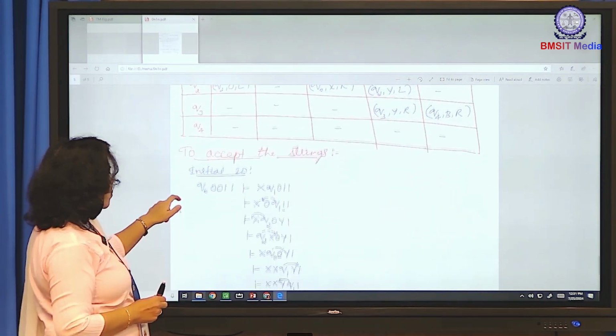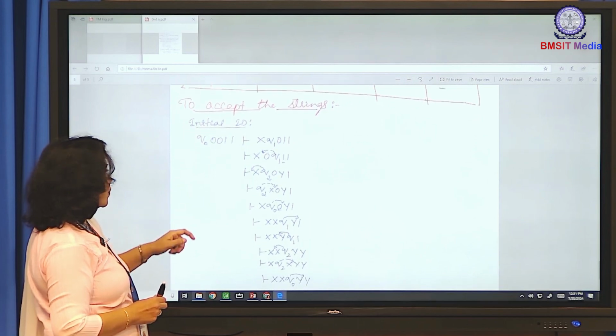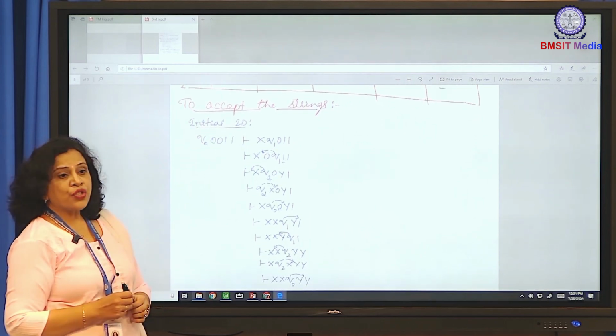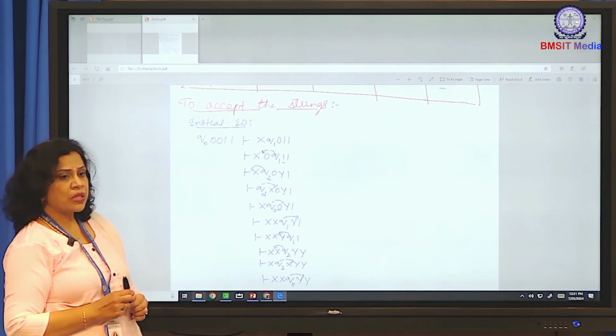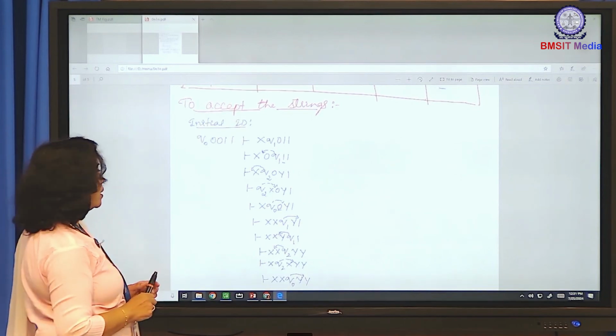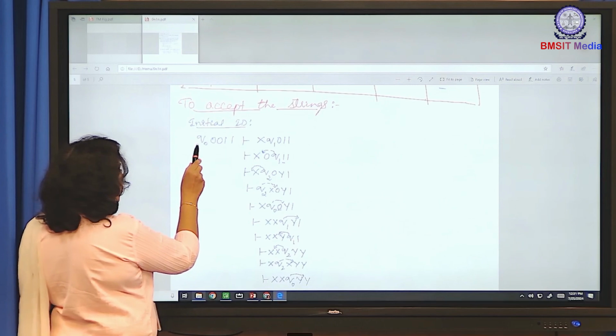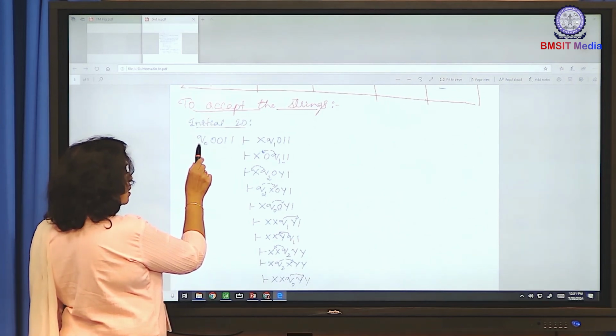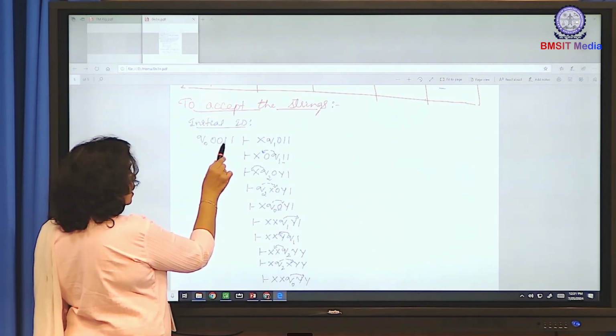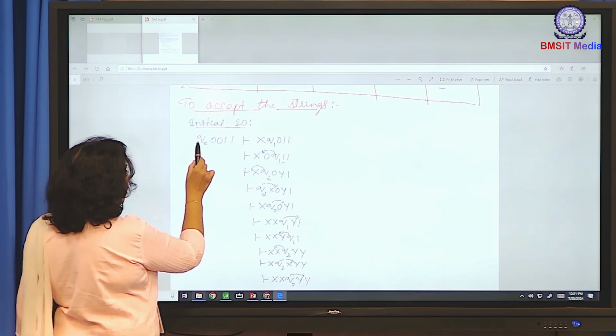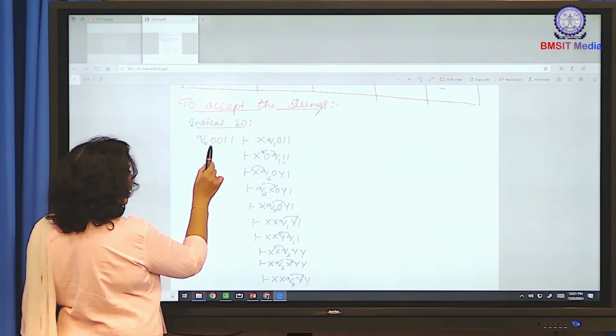Now we have to accept a string. I have taken a small string 0011. We will see how to accept this string. So Q0 is the initial state and this is the initial configuration, Q0 0011.